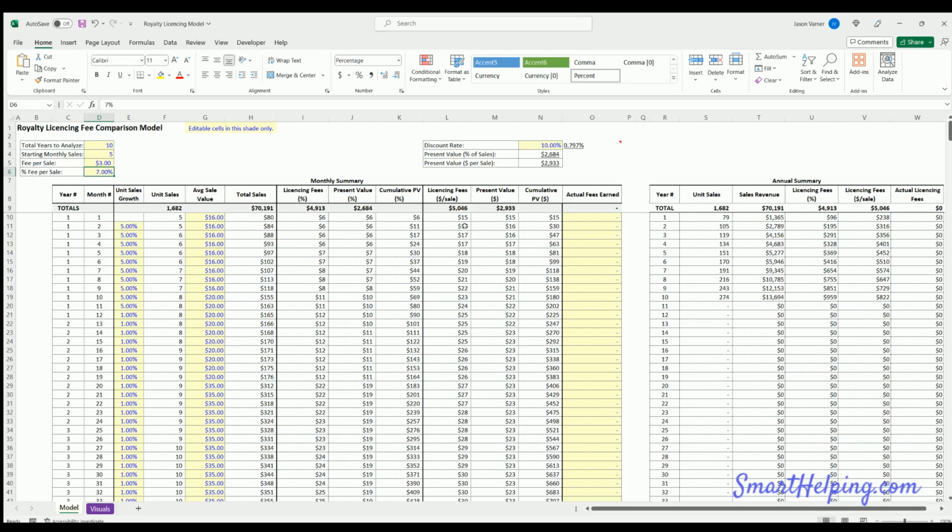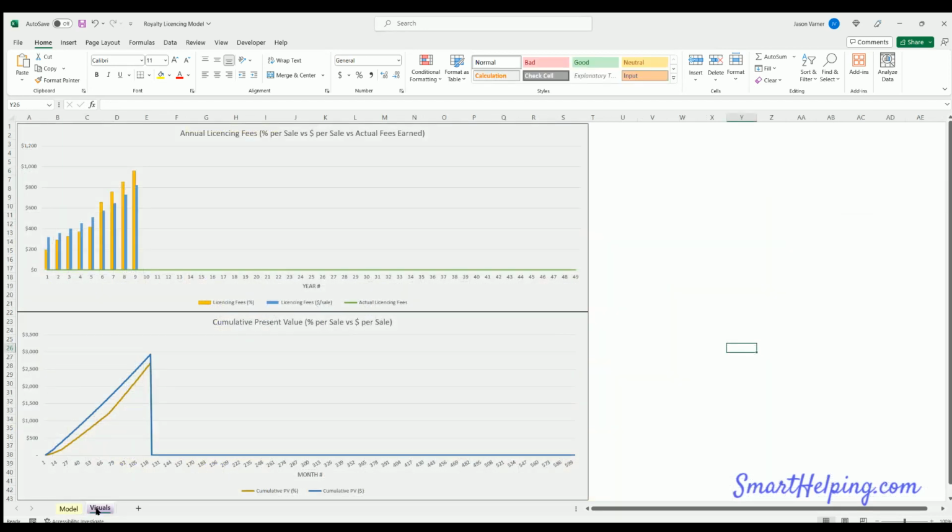Well, if we go here, we're getting to 2,900 for fixed, and percentage is less, which makes sense because here, this money you're getting earlier is worth more than this money you're getting more of later at the moment.